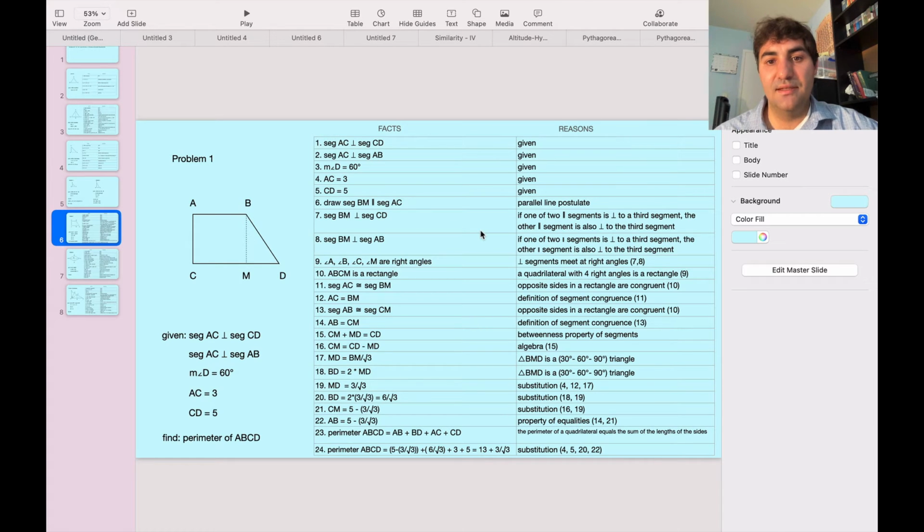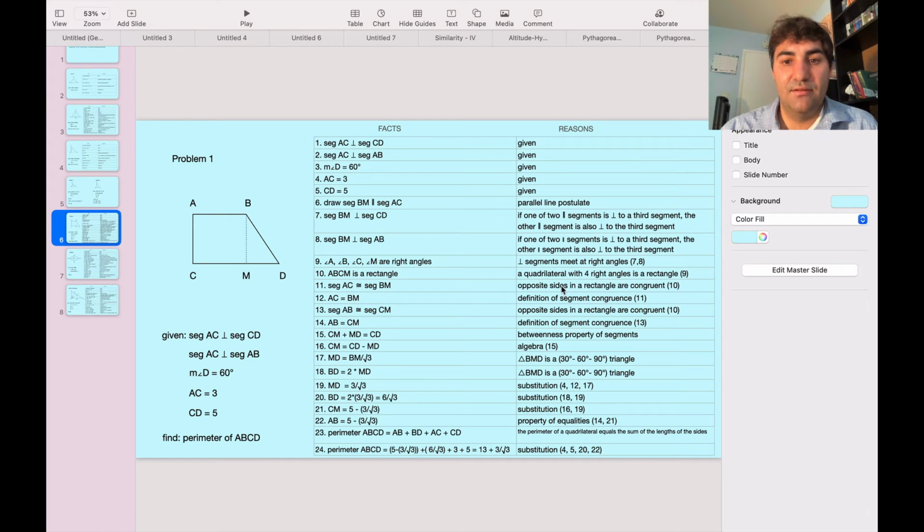The reason is if one of two parallel segments is perpendicular to a third segment, then the other parallel segment is also perpendicular to the third segment. With that said, angle A, angle B, angle C, and angle M are right angles, because perpendicular segments meet at right angles. Therefore, ABCM is a rectangle because a quadrilateral with 4 right angles is a rectangle.